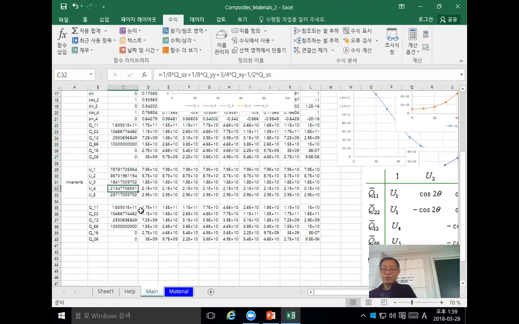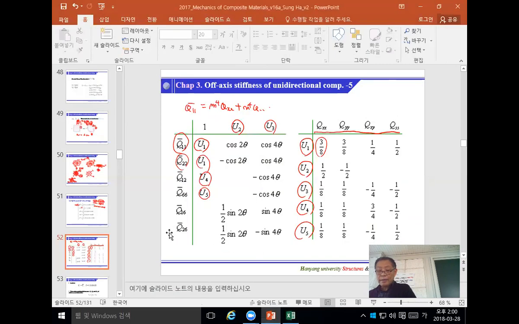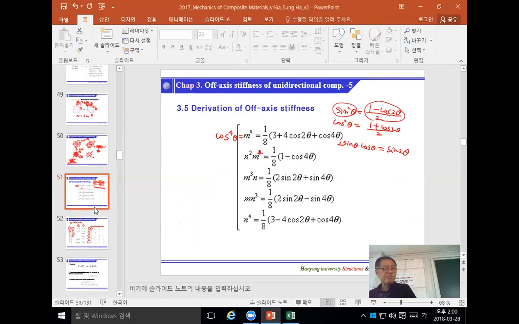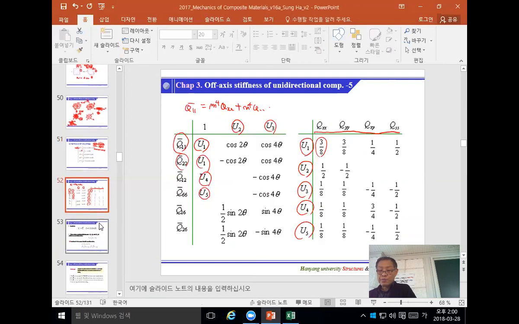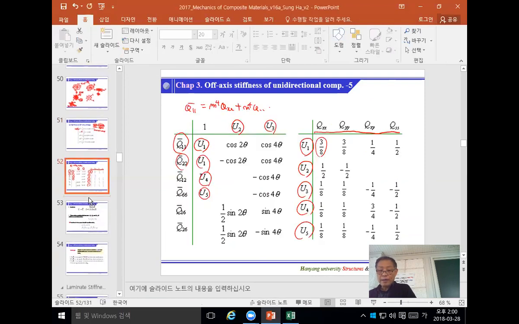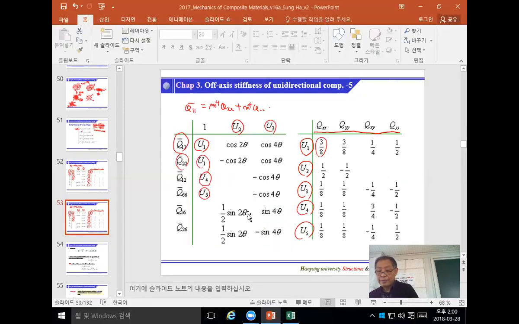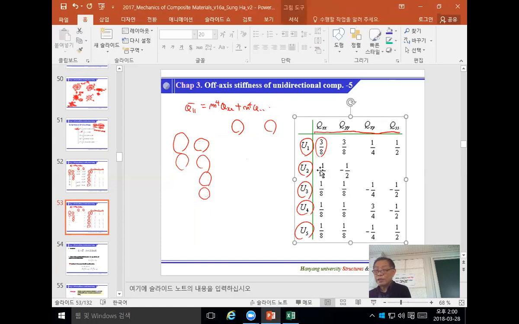I just like to emphasize that all the off-axis stiffness can be expressed in terms of these invariants. Okay, invariant. What is the invariant?